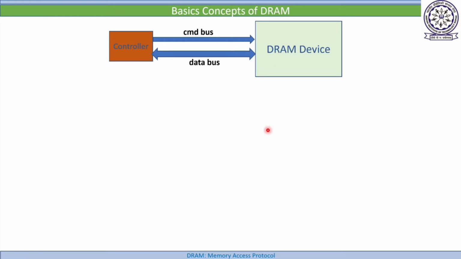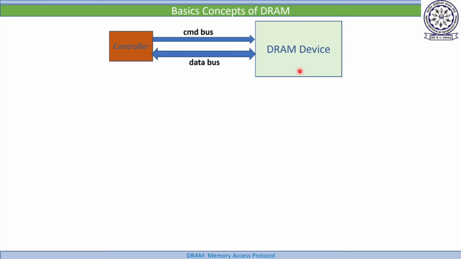A very easy example of inconsistency: suppose the controller has given an activate command. The activate command will reach here and it will activate a row. Once a row is activated, the data will be available in the row buffer, but it takes some time.